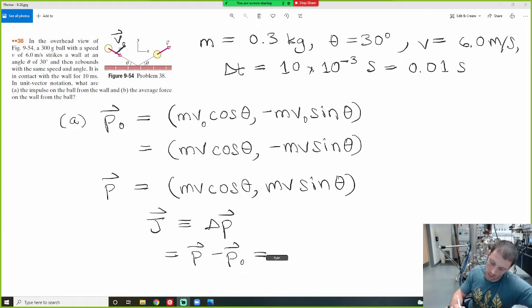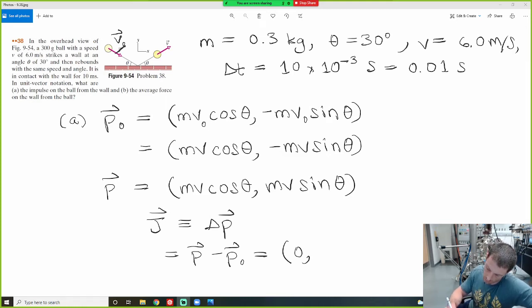And because the x components are the same for the initial and final situations, this just becomes 0. There's no change. But for the y component, it's mv sine theta minus negative mv sine theta, which is really just mv sine theta plus mv sine theta.